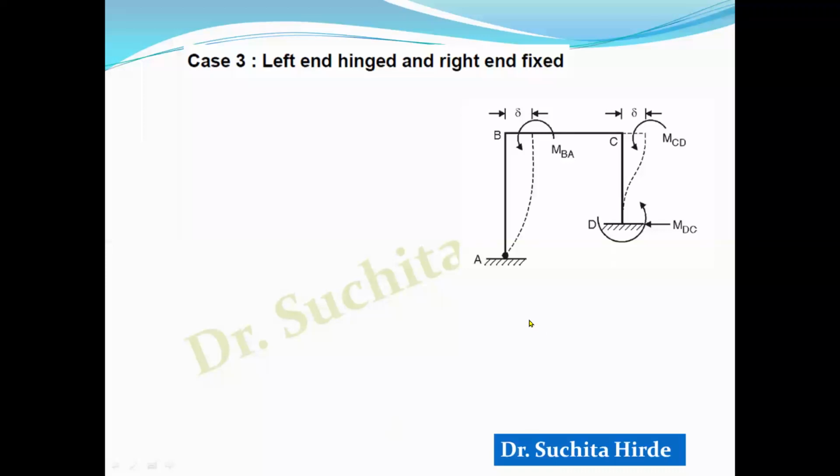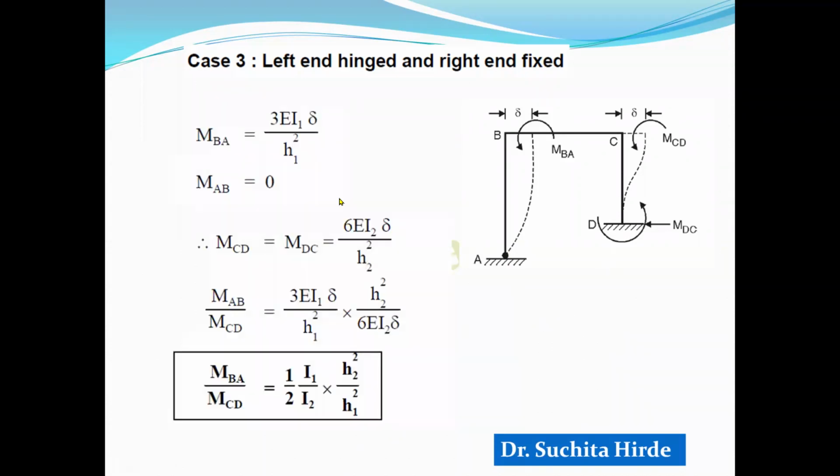Now next case is when left end is hinged and right is fixed. In this case, if you derive this formula, what we get is MBA upon MCD equal to half I1 upon I2 into H2 square upon H1 square. So here there is a half term as compared to the previous case.